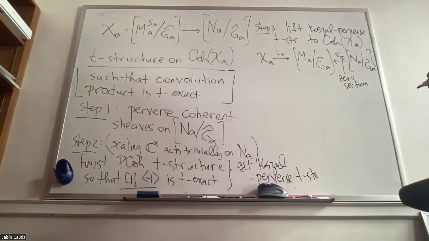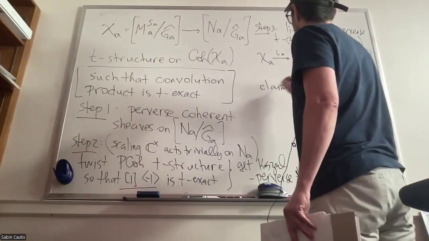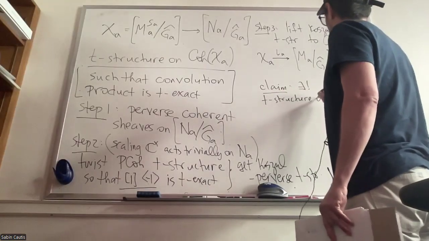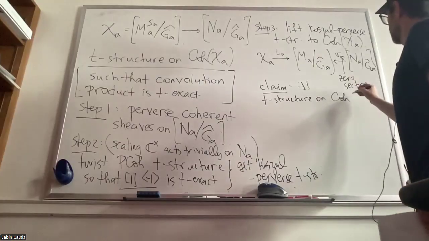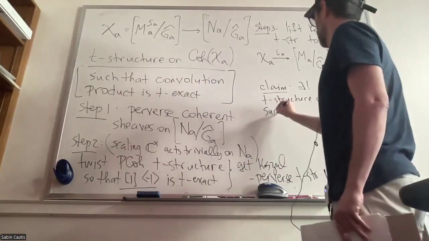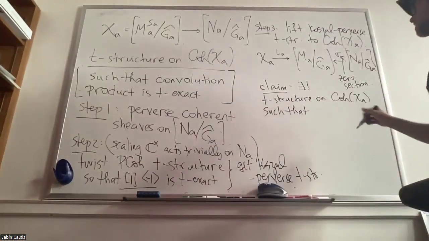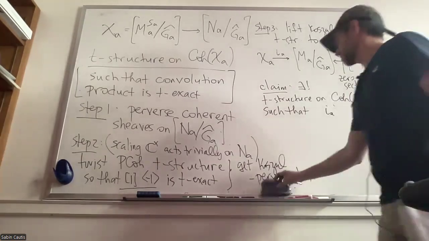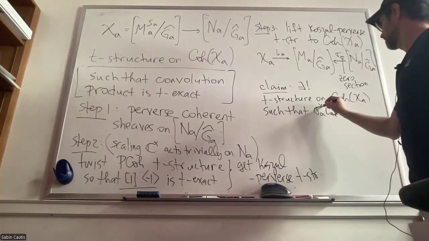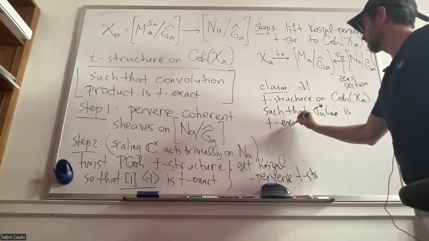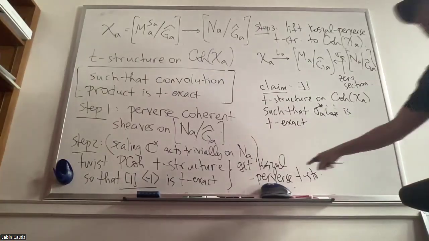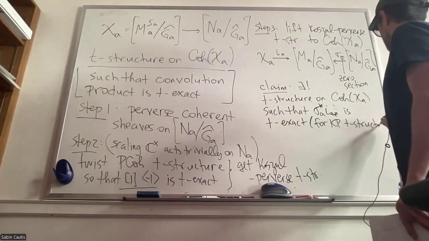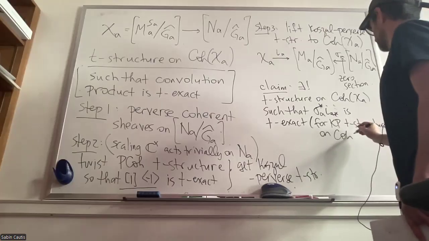And the claim, which is what I mean by lift, is that there exists a unique T structure upstairs on here, such that this composition, namely you push here and you pull back here, is T exact for the perverse coherent, for the causal perverse T structure on the base.